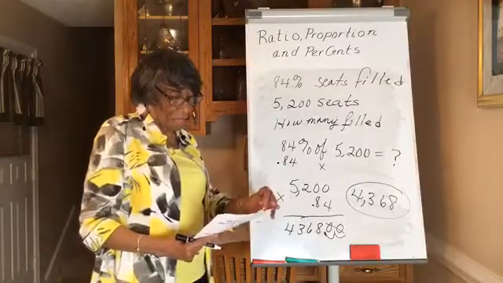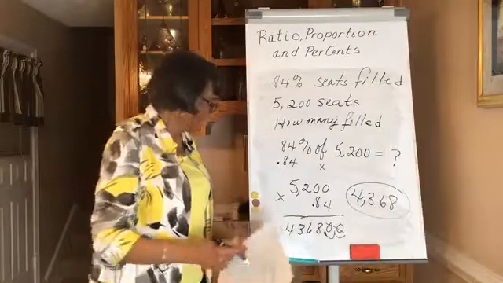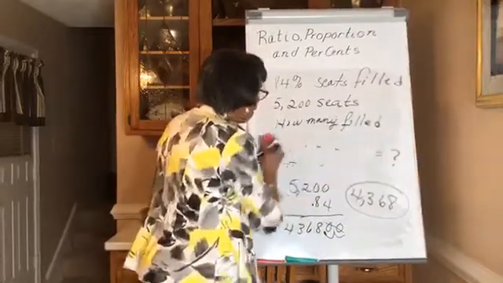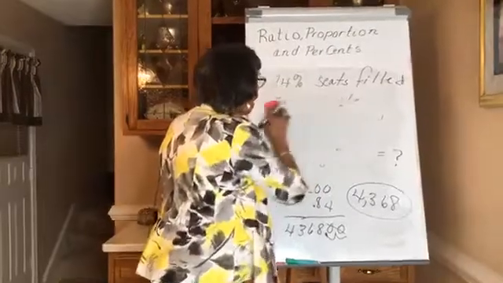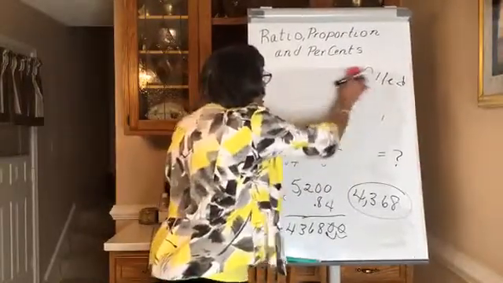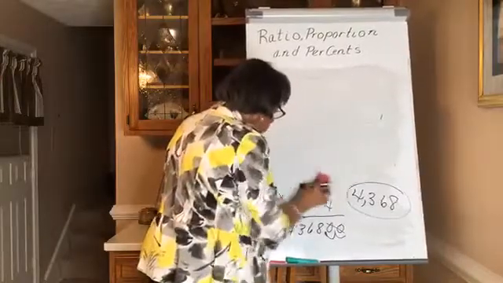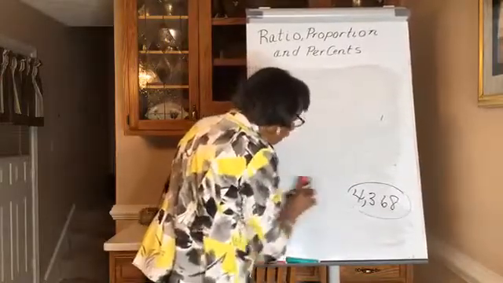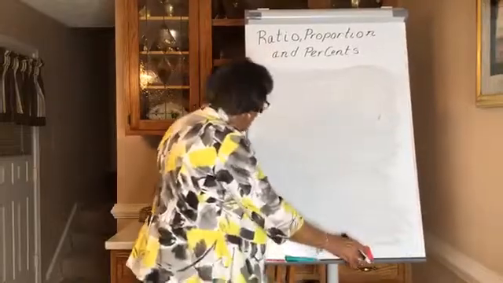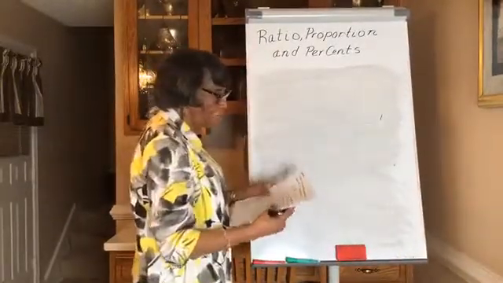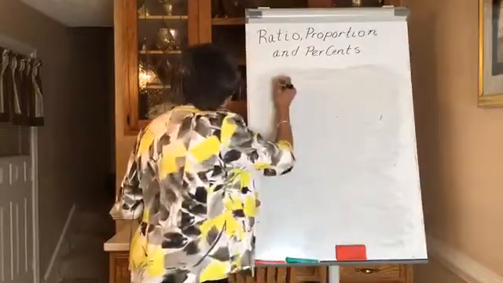I have a quick one here, and see if you can do this. And these are smaller numbers, so you should be able to do this quickly. All right, a team makes 36 shots.